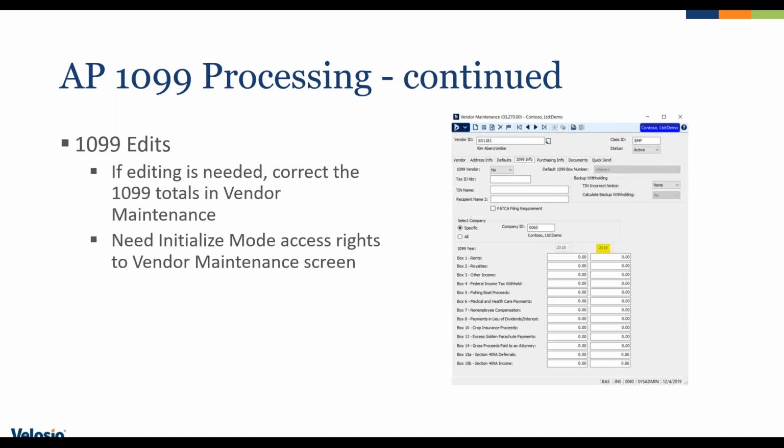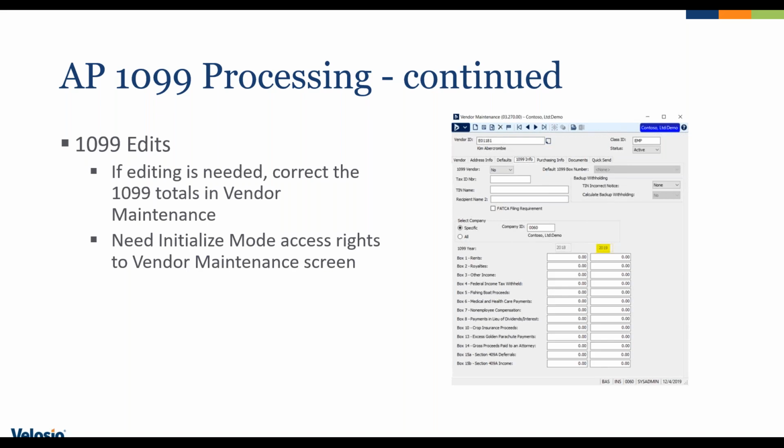But we are able to come into the vendor maintenance screen on the 1099 info tab while in initialize mode, and we can edit these 1099 amounts on a vendor by vendor basis. You'll notice here that I am in initialize mode, and in doing so, it gives us access to fields that are normally disabled.